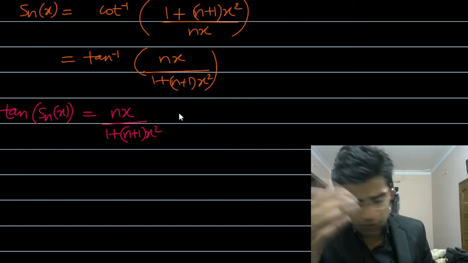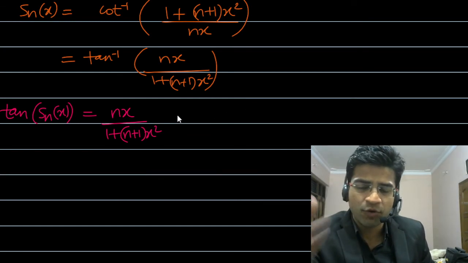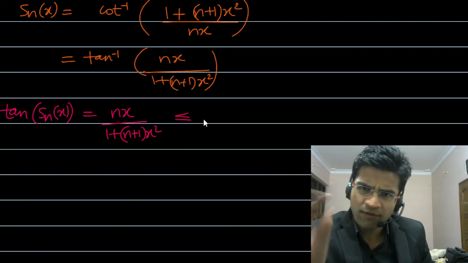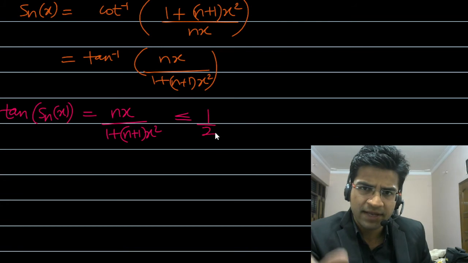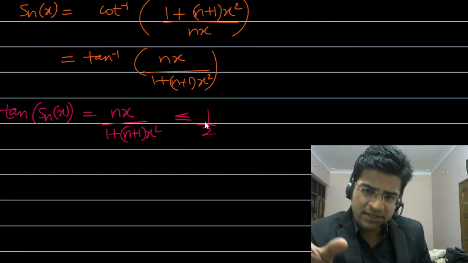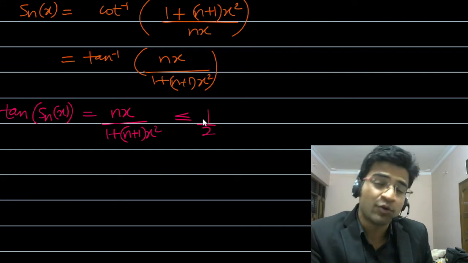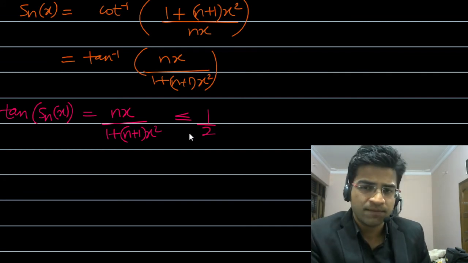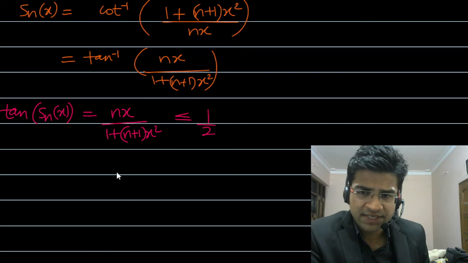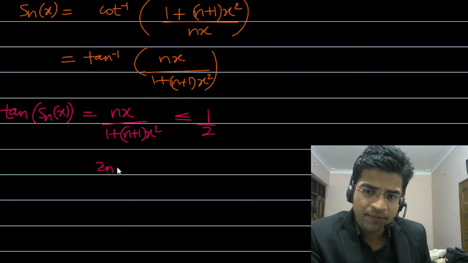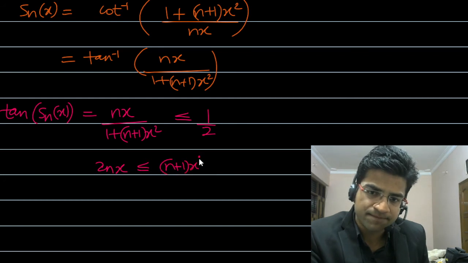Fine, and also we should be aware of the concept. What must be the concept over here? Use the idea that it is always less than or equal to half. Then check whether the n coming out of it is greater than or equal to 1 or not. So the quadratic you are getting is 2nx is less than or equal to (n plus 1)x square plus 1.